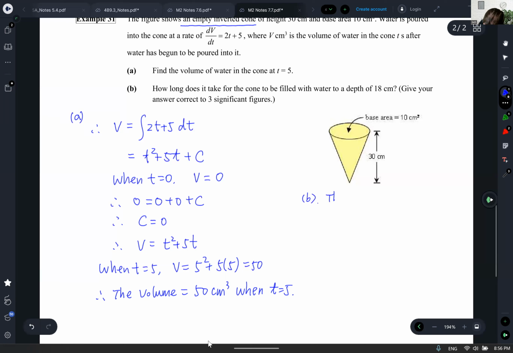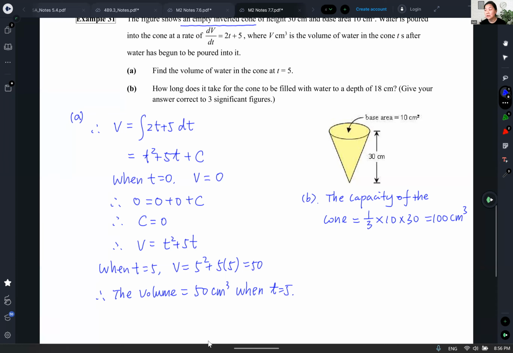Now, the capacity of the cone, that is 1/3 times 10 times 30, that's 100 cm cubed. The capacity is the whole cone. And now the depth is 18.